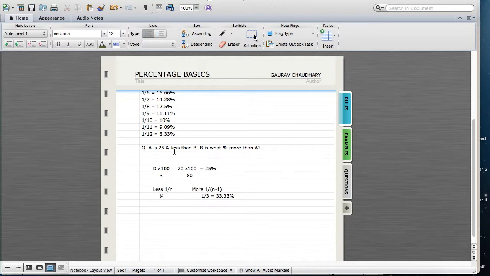So if the question is that the price of tea in a town gets reduced by 25%, so what percent more tea is available for the same price? So 25% less means 1 by 4, so more will be 1 by 3. The answer is 33.33% again.